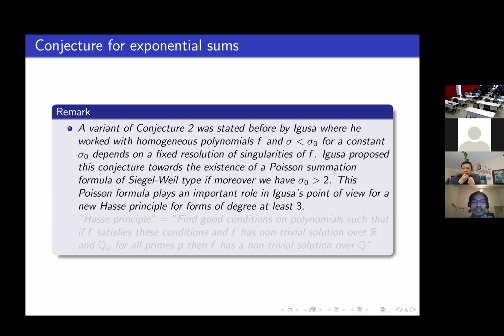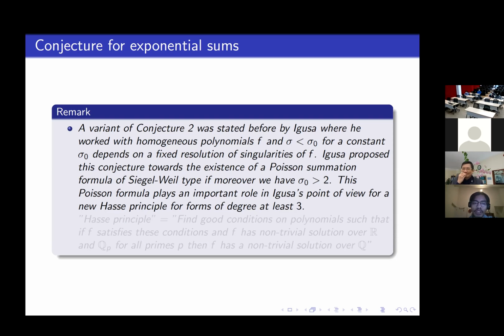So in this, sigma_0 is not an invariant of f because it depends on the resolution of singularities. And Igusa proposed this conjecture towards a certain Poisson summation formula of the zero weight type, with the condition that sigma_0 is bigger than 2.